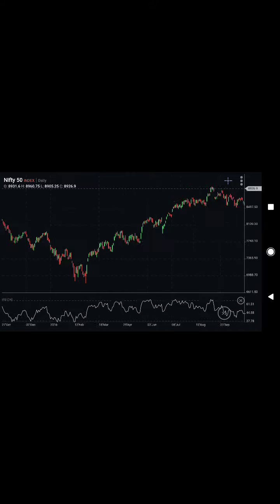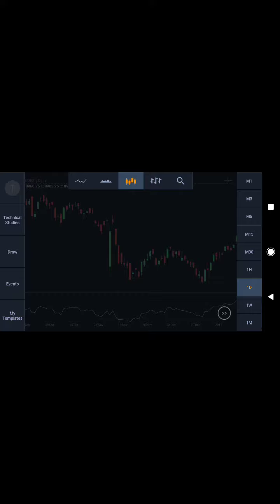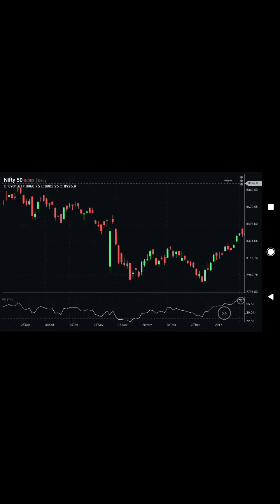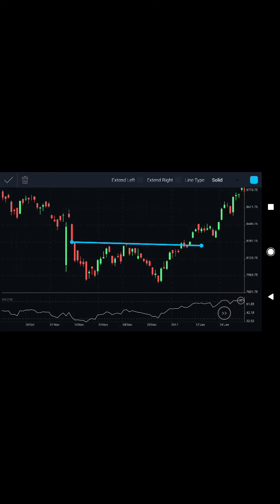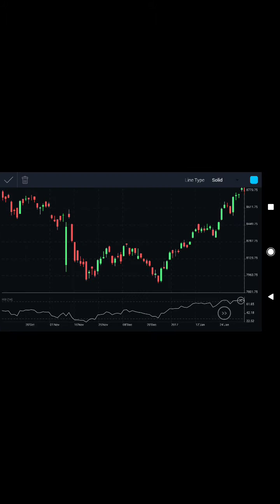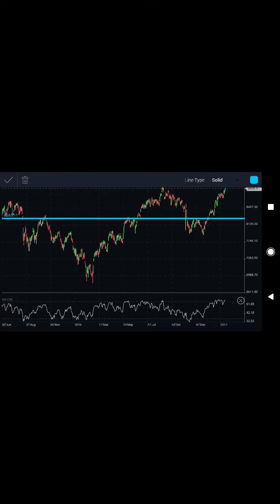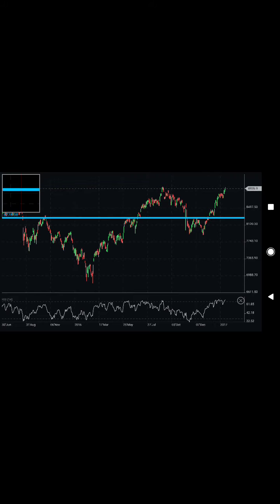Okay, and here was a significant bottom which was made on Nifty, which I covered also. This is the bottom, and it should hold whenever a crash or correction comes. 8250 will hold mostly, because it made a significant bottom after a good correction.